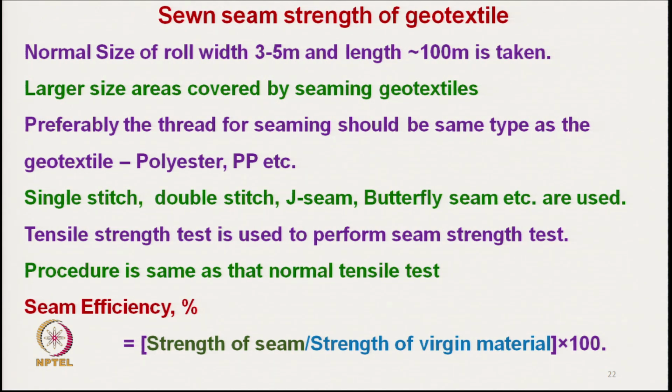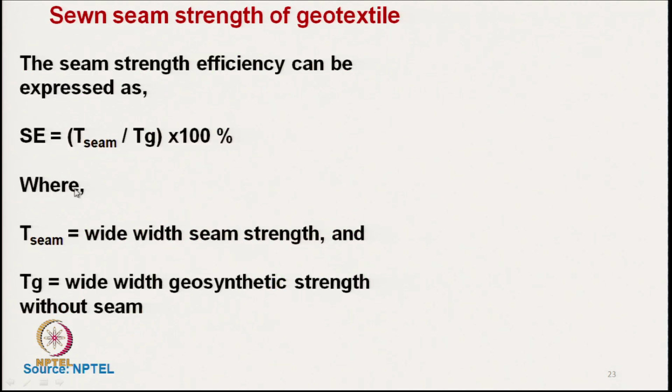The tensile strength of the normal portion and of the stitched portion is measured, and the ratio of strength at the seam to strength of the virgin material is calculated as a percent, which is seam efficiency. So, seam strength efficiency is the T seam over the T strength of geotextile without seam.